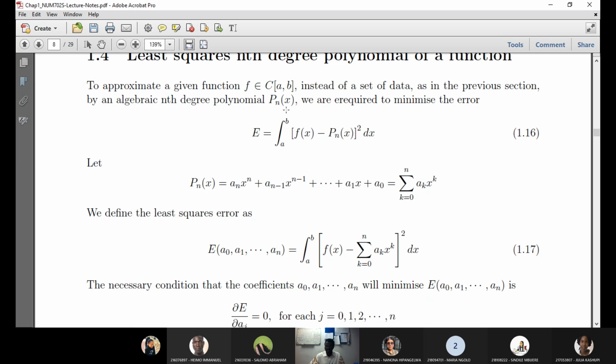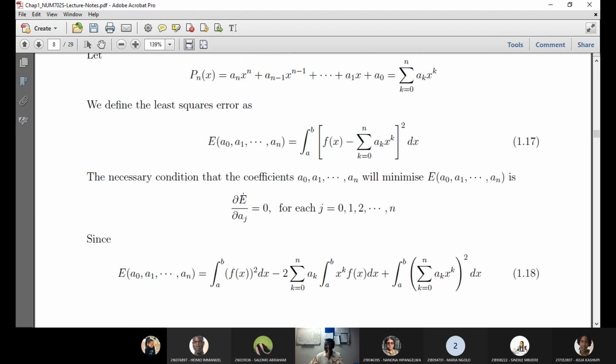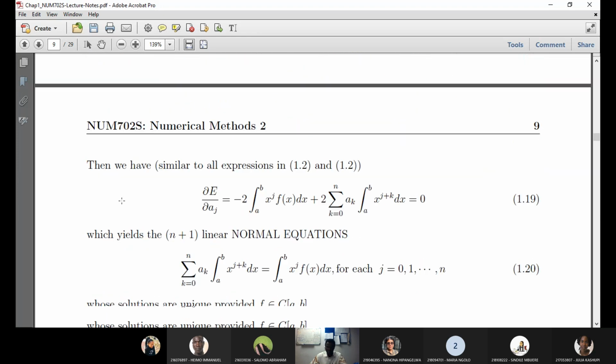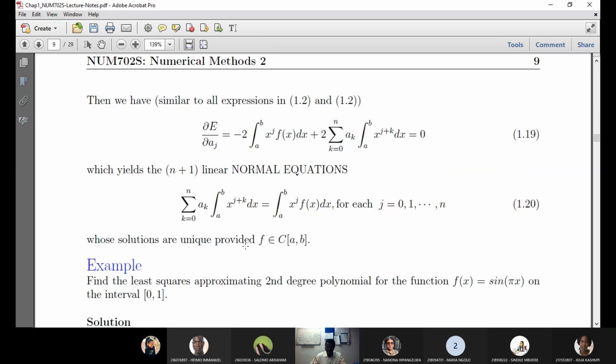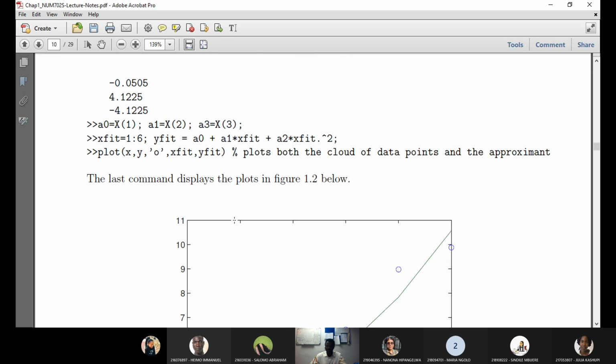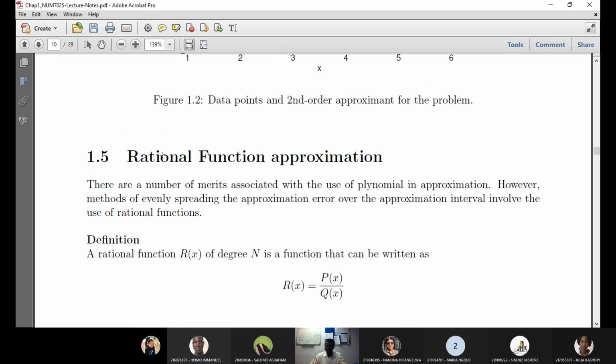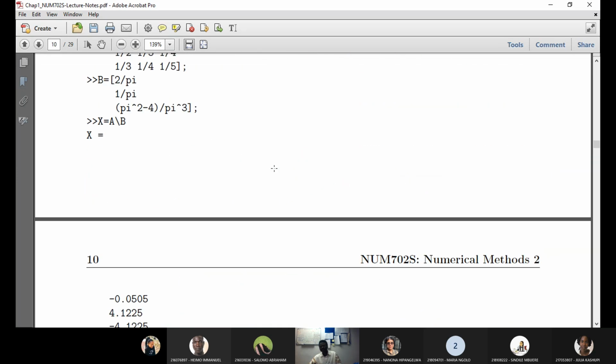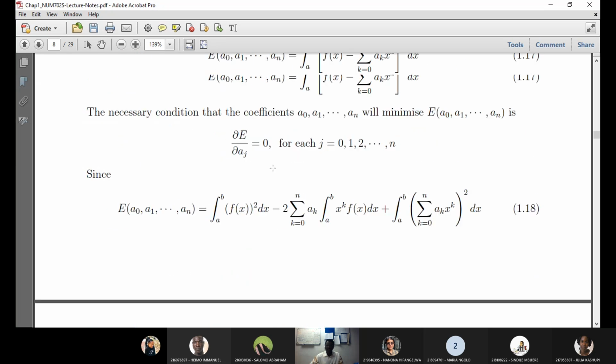Check and confirm with me tomorrow. If you did integral, we will skip. Otherwise, we will differentiate this formula together tomorrow, the normal equation. And if there is enough time, I will introduce the rational function approximation. Okay, so we stop here for today.